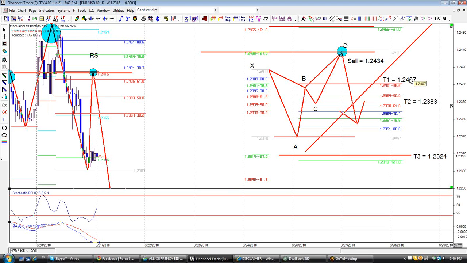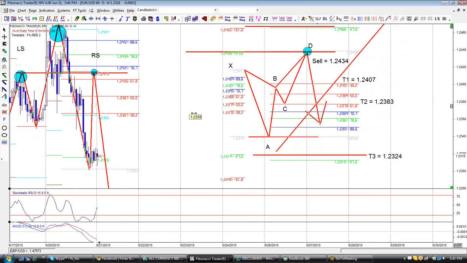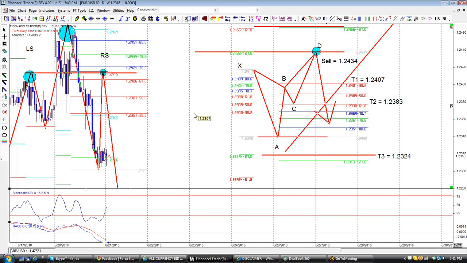Now, if you have a pattern on the big time frame, let's say it's a daily Gartley or maybe head and shoulders, or a big pattern that you want to profit from, you can add some positions as limits for that big pattern.